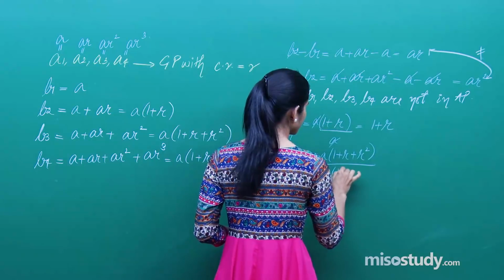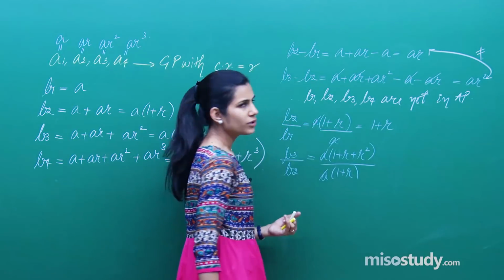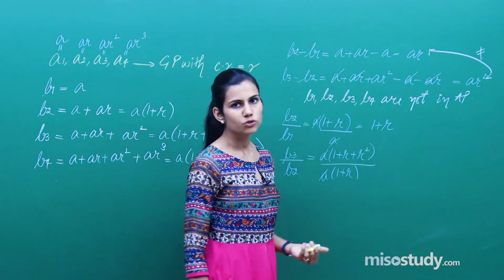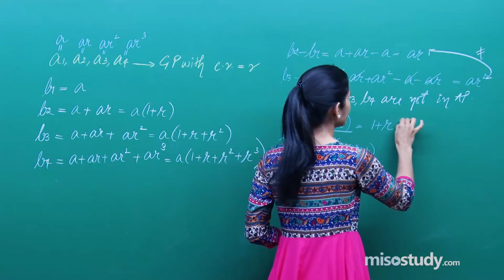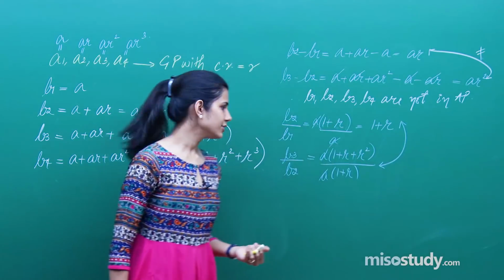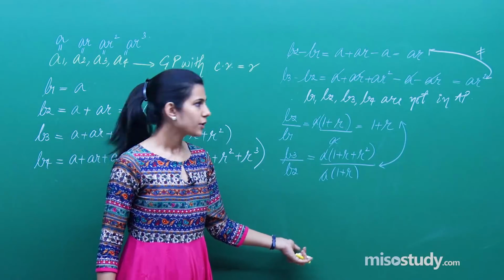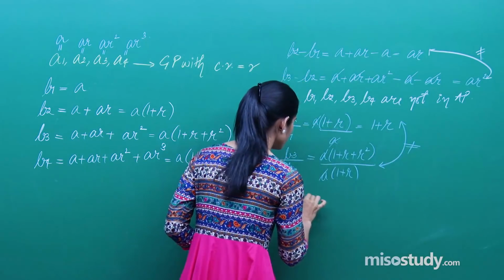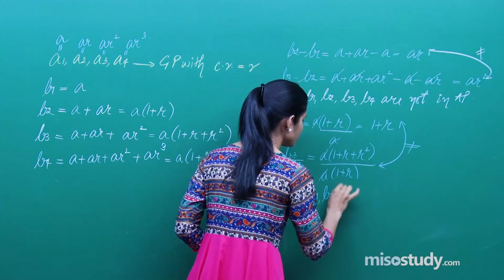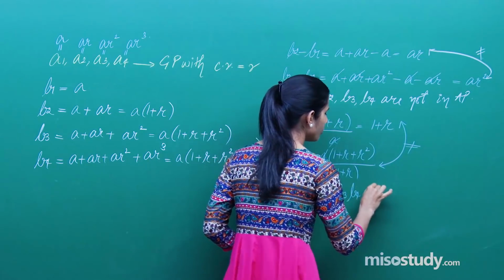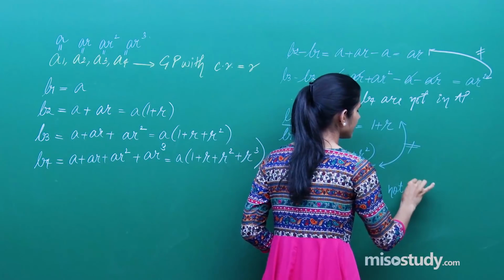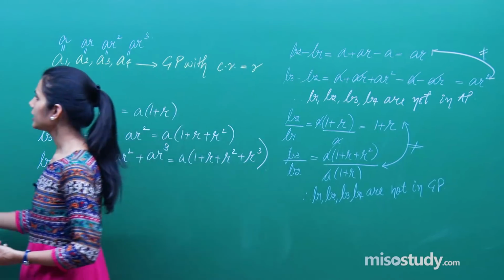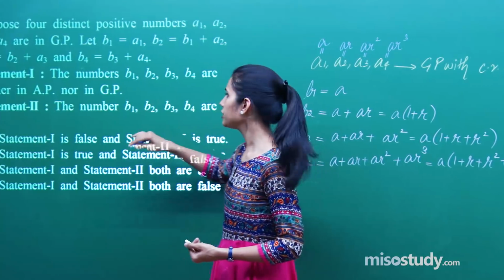A times 1 plus R. Clearly you can see this is coming out to be 1 plus R square whole upon 1 plus R, which is not equal to 1 plus R. So you have no need to further check the ratio B4 upon B3, because already you are getting two unequal ratios, and therefore you will say that B1, B2, B3, B4 are not in GP. So your statement 1 is actually correct, that these terms in this order are neither in AP nor in GP.